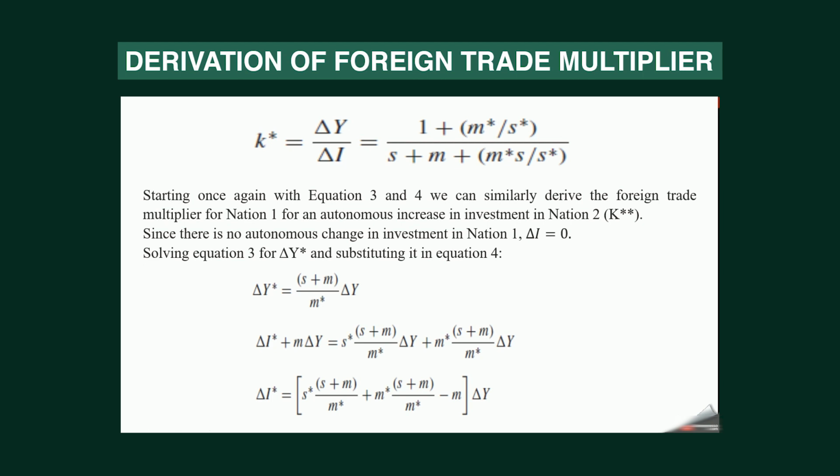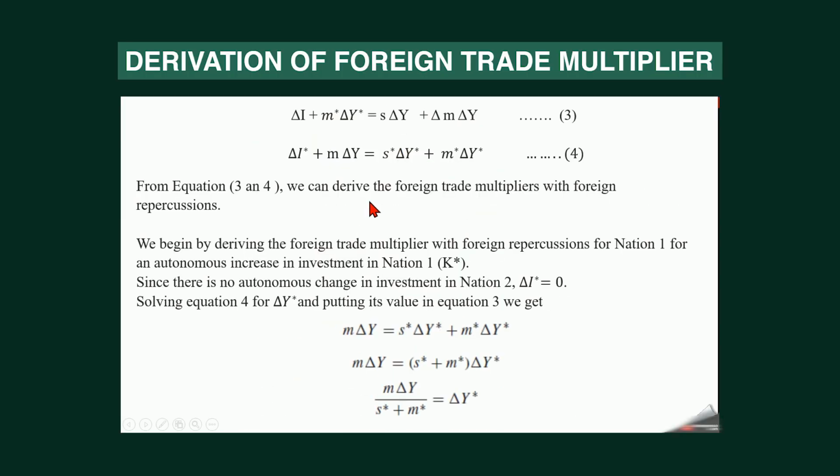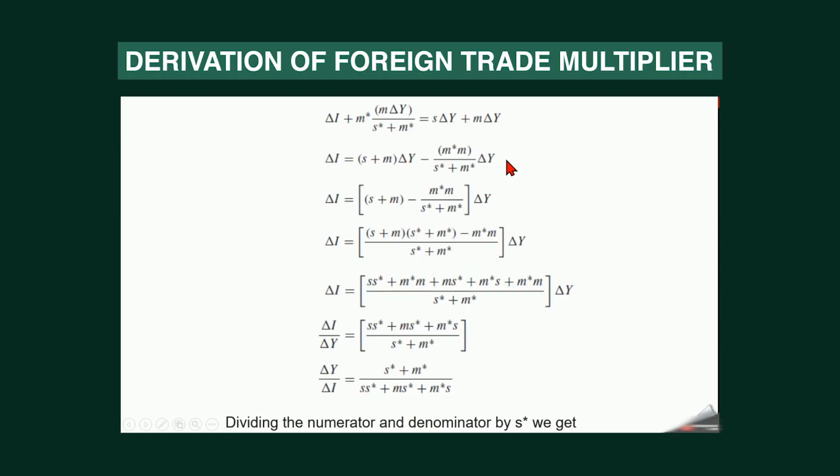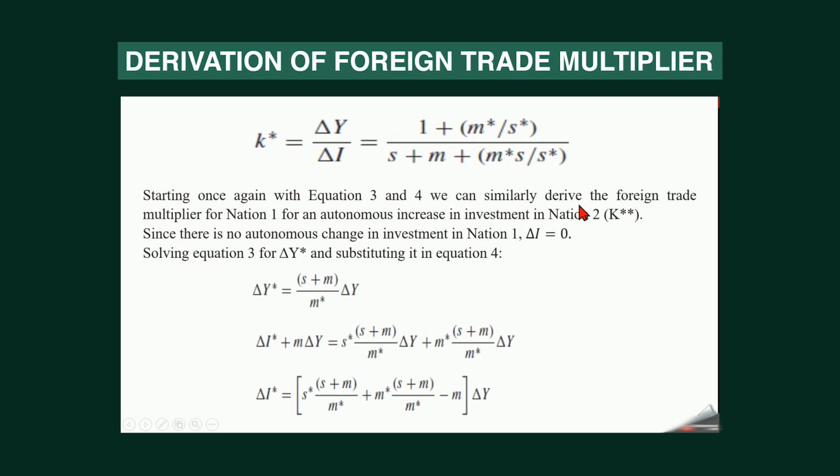investment in nation 2. Again, if we go back to equation 3 and 4, and now suppose there is an autonomous increase in investment in nation 2 and not in nation 1, then in that case delta I is equal to 0 for nation 1.